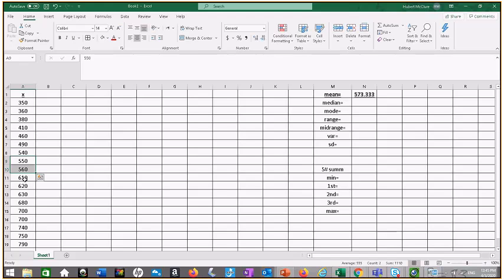I'm sorry, these two. These two are your middle. Okay, that's your middle. So when n is even, you have to find the 2 middle numbers and take the average. We went over this.